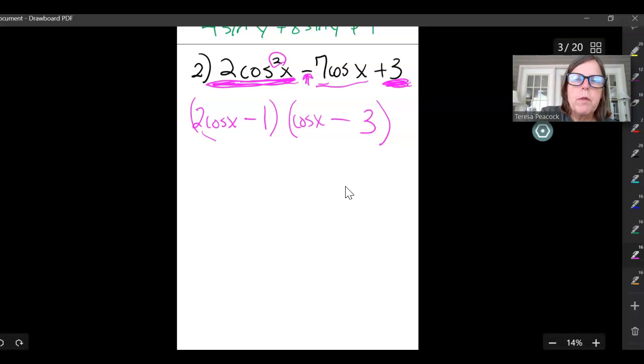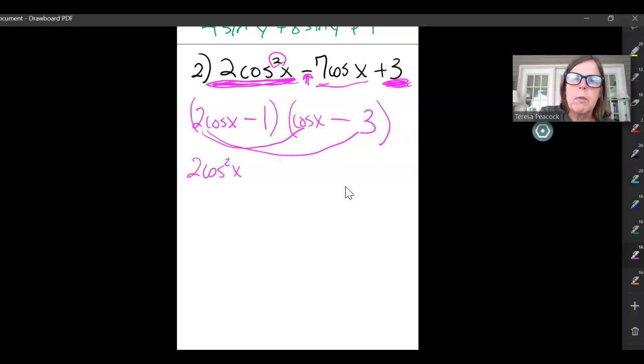So if we FOIL this out, that 2 cosine x times cosine x is 2 cosine squared x. And then 2 cosine x, now remember that's a negative 3, minus 3, same thing as a negative. So that gives you a negative 6 cosine x, 2 times 3. Then if we go to the inside, a minus 1 times a cosine x, or a negative 1 times a cosine x, is a negative 1 cosine x.